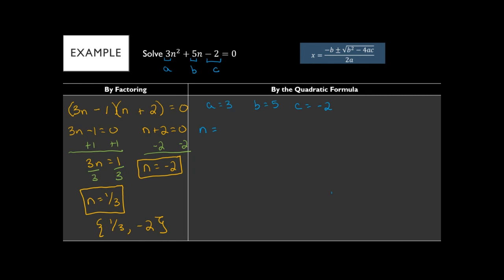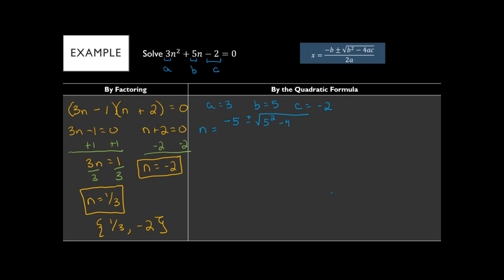So in our formula, we have -b. So I'm going to have my negative, and then b is equal to 5, so that gives me -5. Then I have my plus or minus, and then I'm going to have my square root. So b squared, so that's going to be 5 squared, because that's what b is.